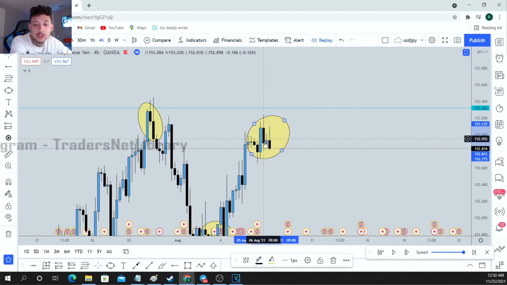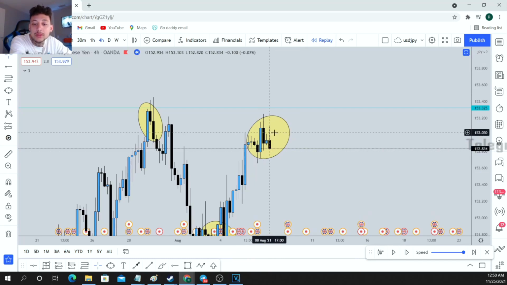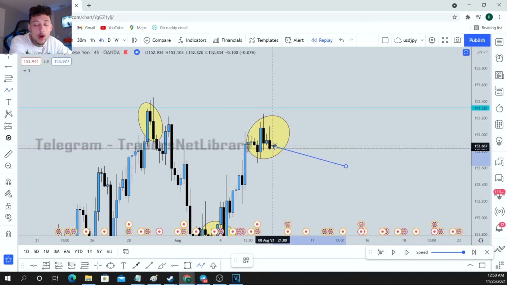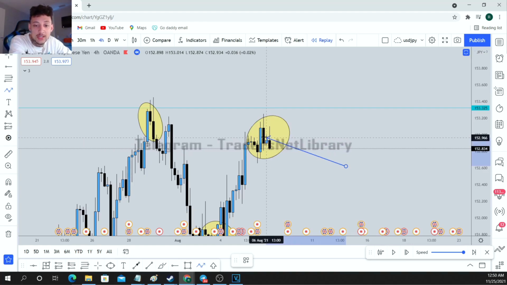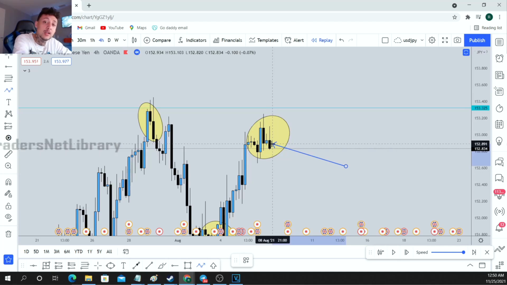Notice the rejection, right? A pullback, and then notice how this bullish candlestick did not end up closing under the lowest low, obviously, right? But the candlestick right after that closed under the lowest low here. All a bearish variation is, if price doesn't give us an engulfing, then we wait for multiple candles to pretty much close under the lowest low of one of the previous candles to actually take a sell, right?